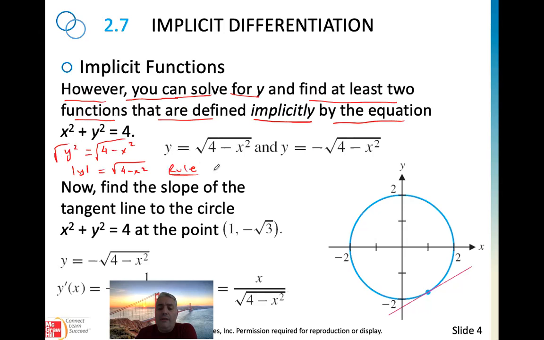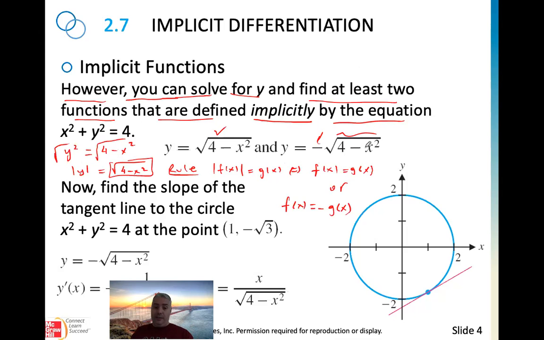If you have the absolute value of anything equal to something, the function is equal to the function itself, or the function is equal to its negative. So y is equal to that itself, and negative of itself.